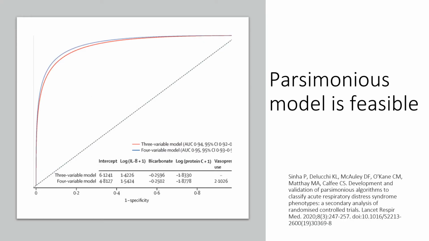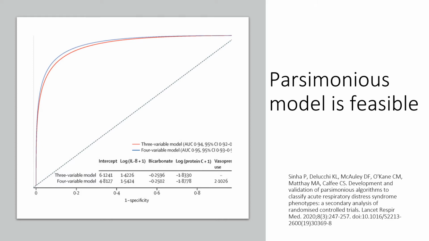The original model describing the hypo and hyperinflammatory groups was derived using a statistical method called latent class analysis, which used multiple variables to categorize the patients. It showed very good discrimination and calibration.